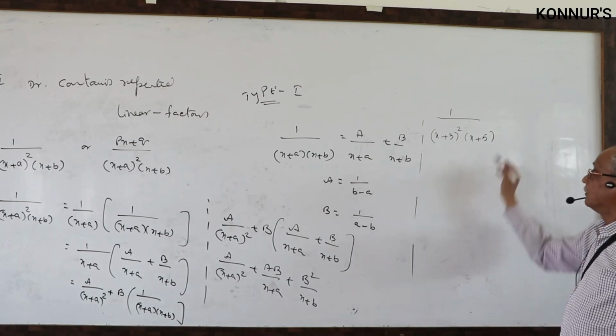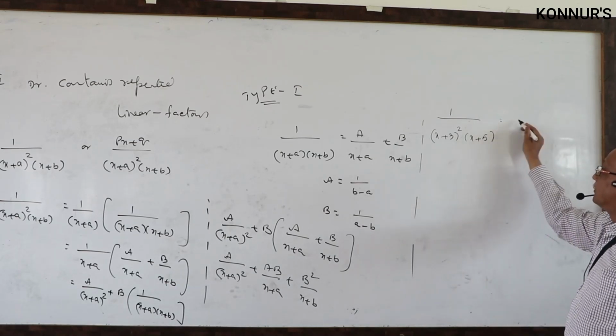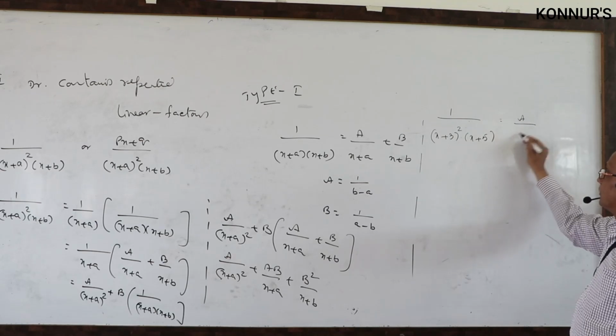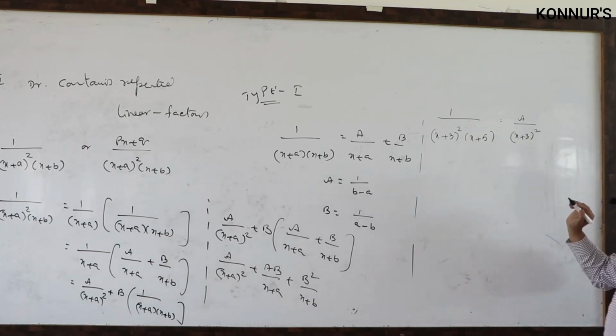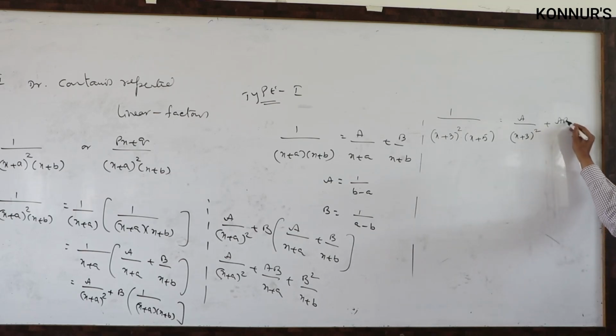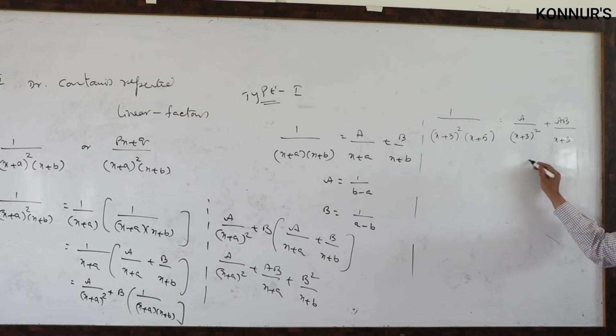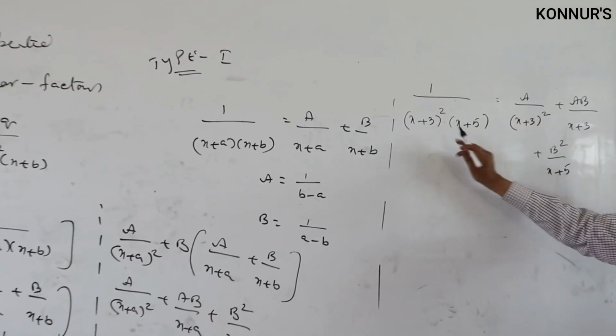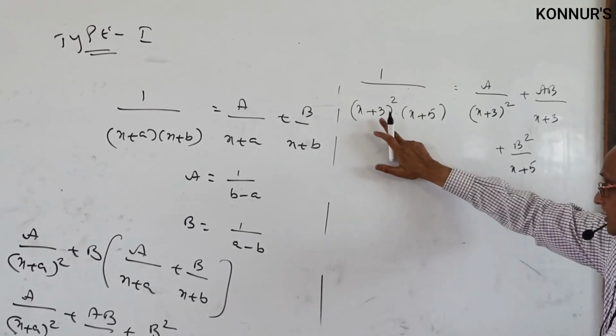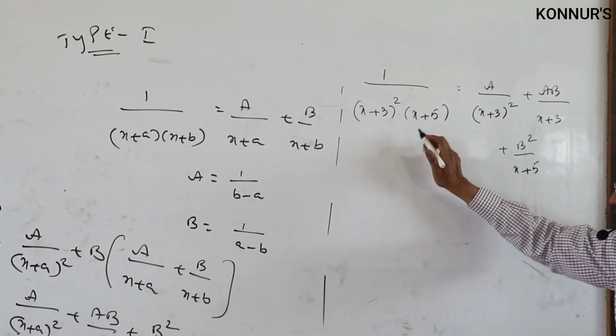Now you see 1 by (x + 3) whole square into (x + 5). We have to find A by (x + 3) whole square, AB by (x + 3), B square by (x + 5). How to get the A value? If you want the A value, x equal to minus 3, write down here.